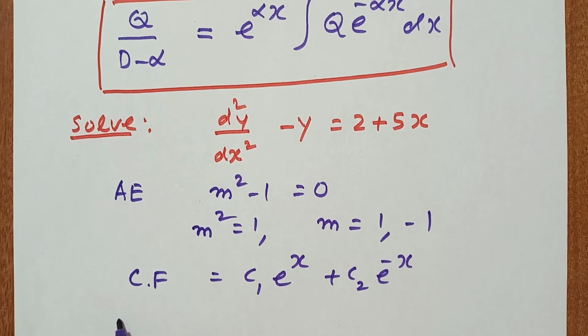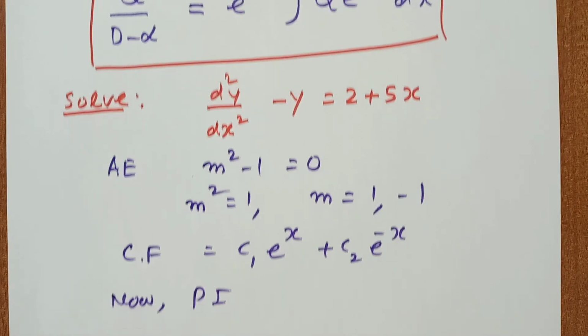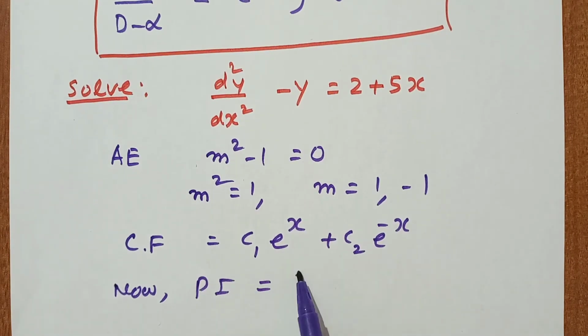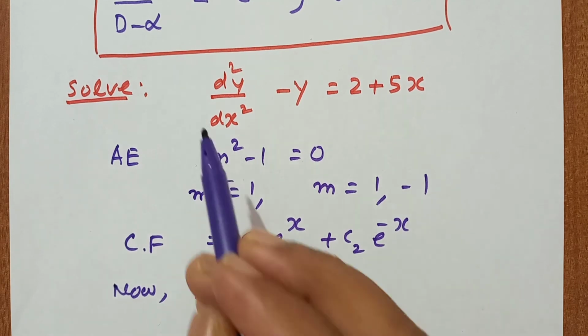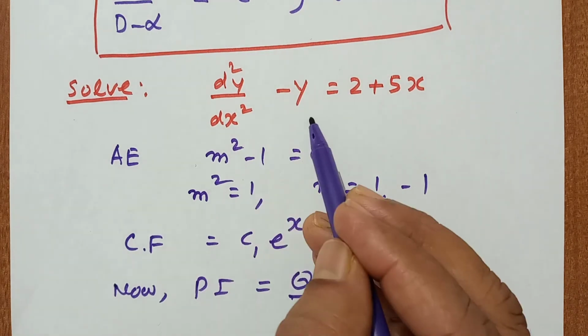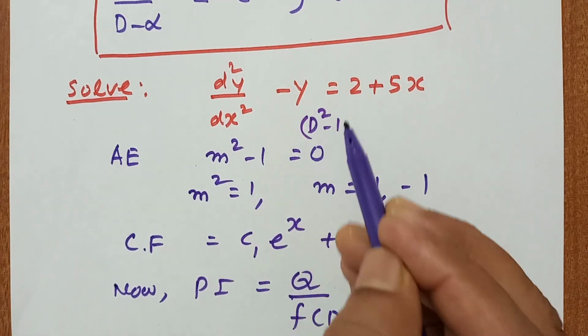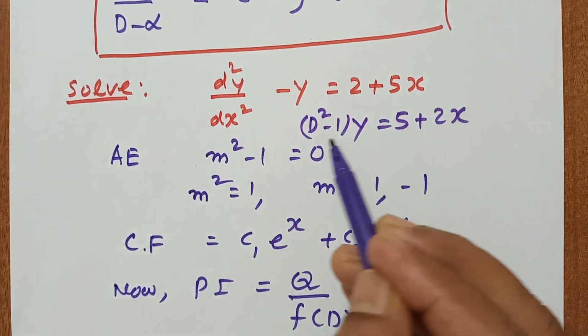Now the particular integral. So what is it? Q upon f(D). What is f(D)? D squared minus 1. You can also write this equation as (D squared minus 1) y is equal to 5 plus 2x. So this is f(D).